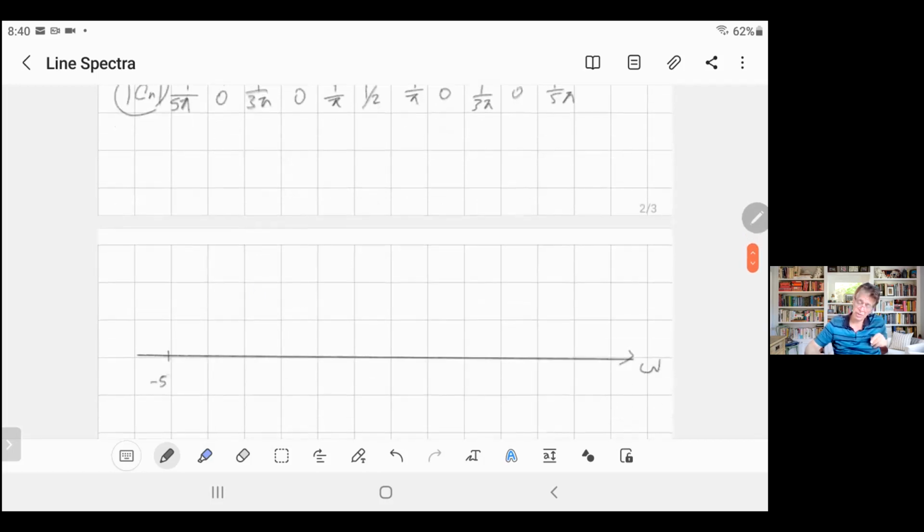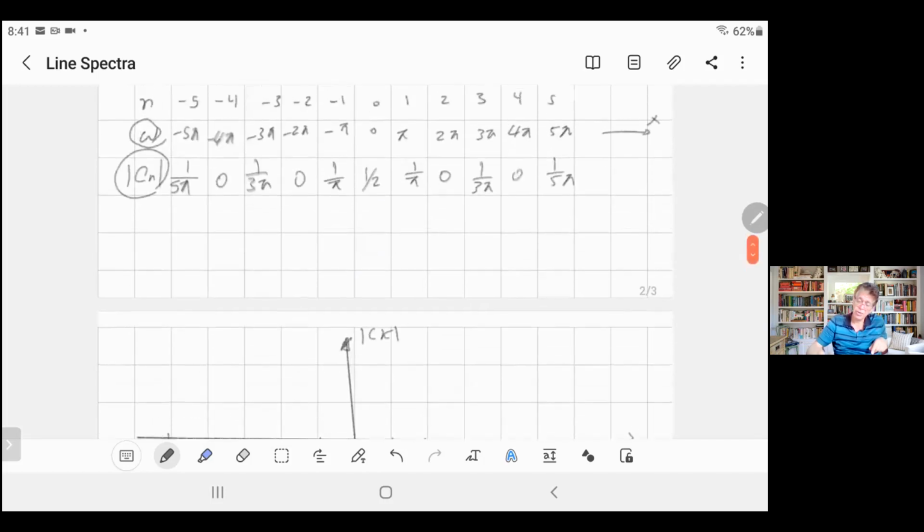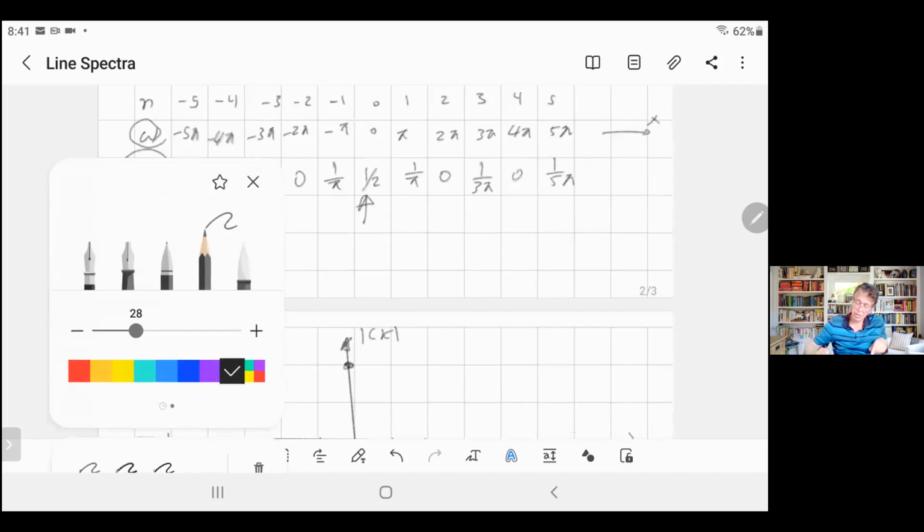So we have minus 5 pi, minus 4 pi, minus 3 pi, minus 2 pi, minus pi, 0, pi, 2 pi, 3 pi, 4 pi, 5 pi. Of course, it could go from minus to plus infinity, but we don't have to do that. And you have the axis in the middle here, which is the magnitude of Ck. And the highest value in this table, by the way, will be C0, which is equal to half.